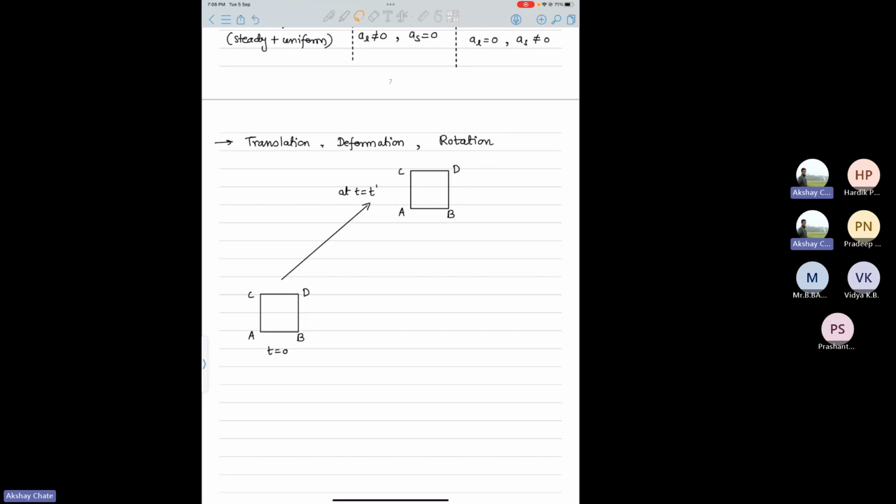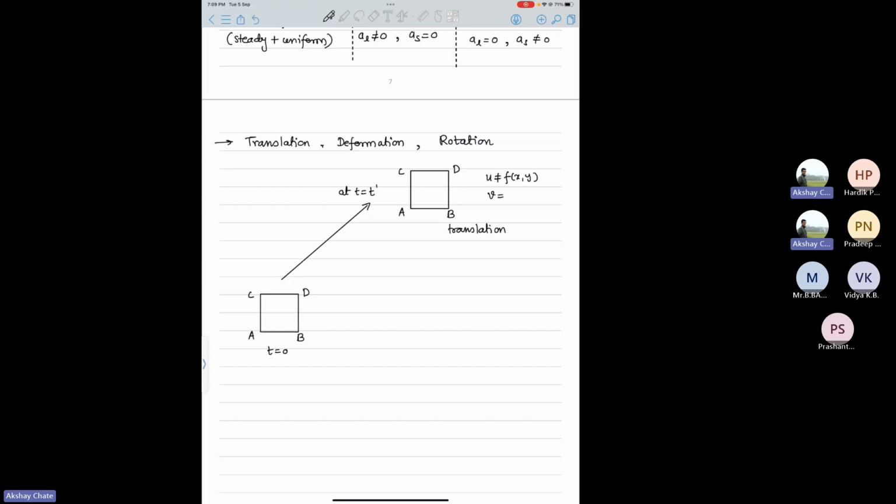This is the case of pure translation, and it happens when your u is not a function of x, y, or it's just a constant with respect to x, y.